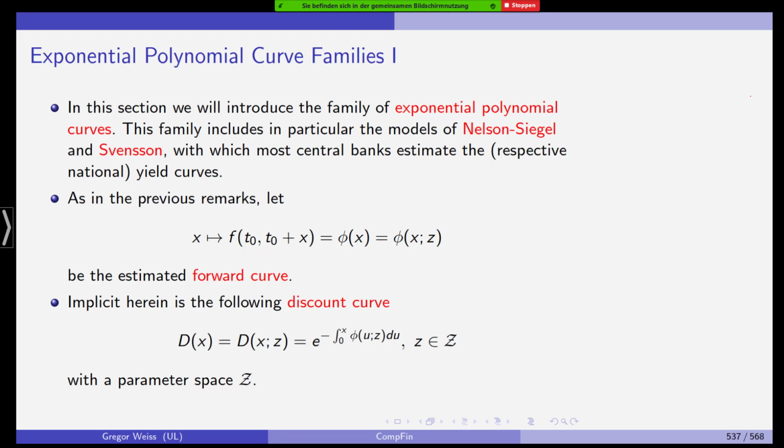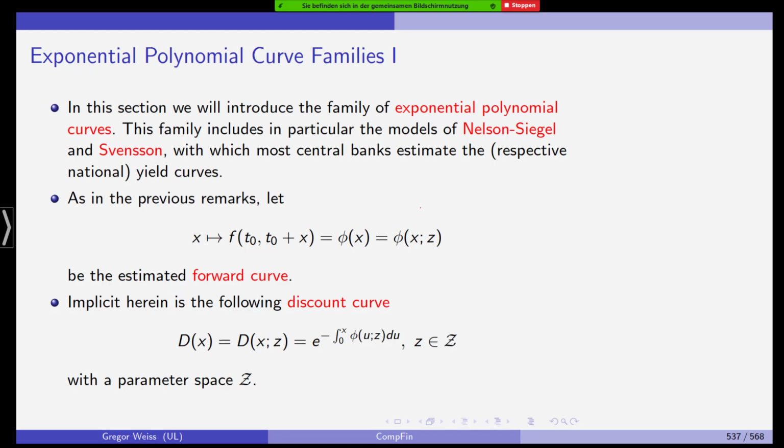So let first x be our variable. F of t0 plus x is the forward curve that needs to be approximated, and we say that it's a function phi of x and z, and we again have coefficients z. Now we say that the discount curve is given by this function.